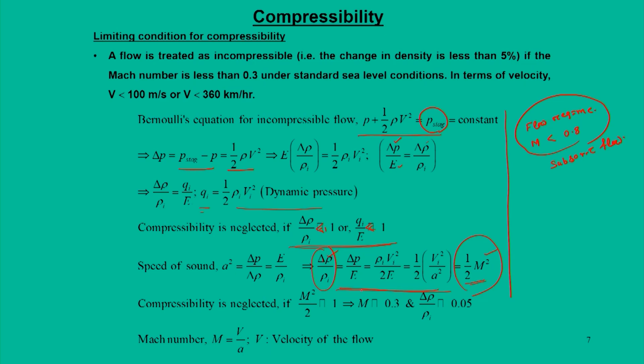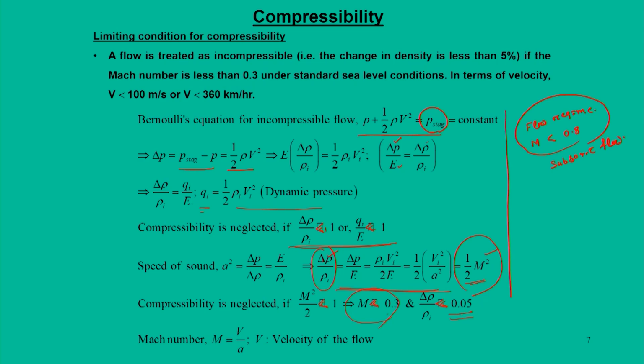If M square by 2 is much less than 1, which means M is much less than 0.3, then the density change would be 5% or less. So for the density change to be less than 5%, the flow is treated as incompressible. Under that condition, the Mach number is much less than 0.3.